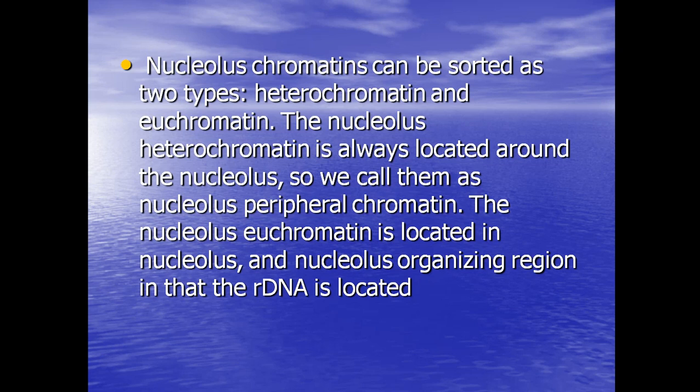Even nucleolar chromatin can be sorted as heterochromatin and euchromatin. This nucleolar heterochromatin, that is the inactive gene, is located around the nucleolus. So we call it nucleolus peripheral chromatin.